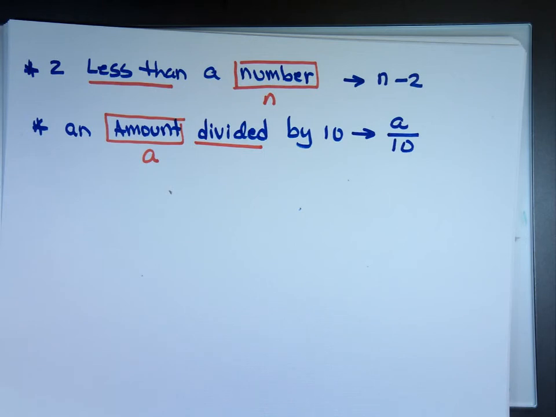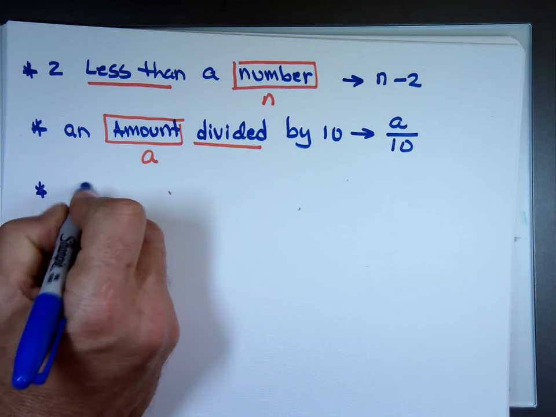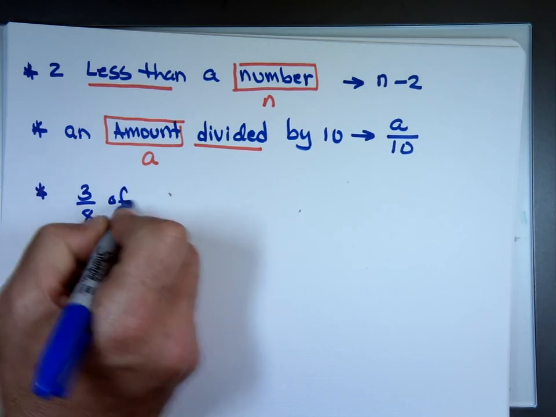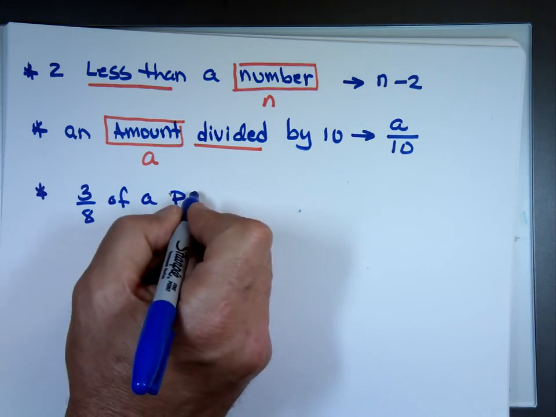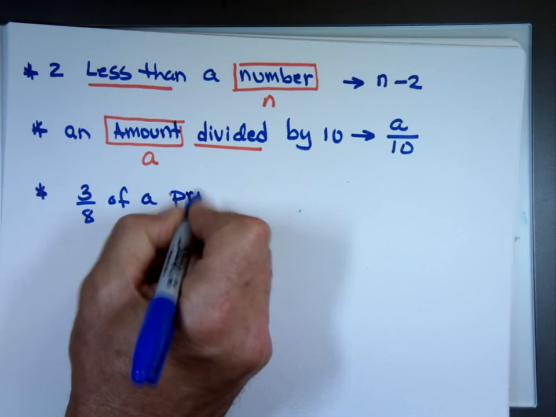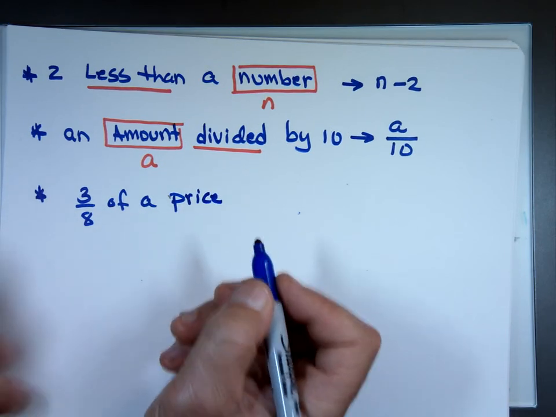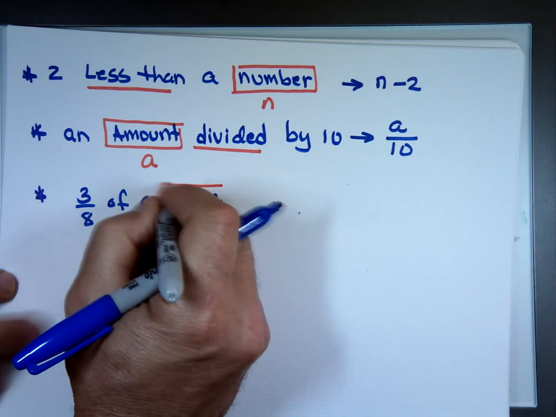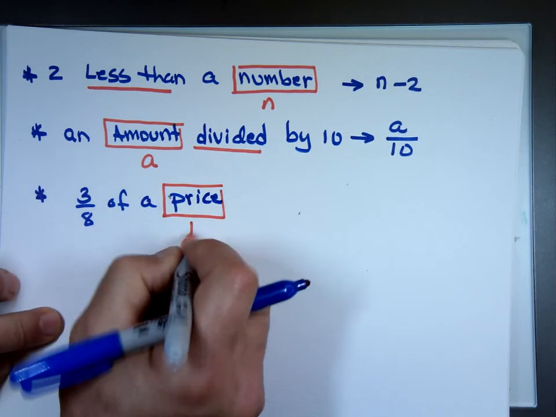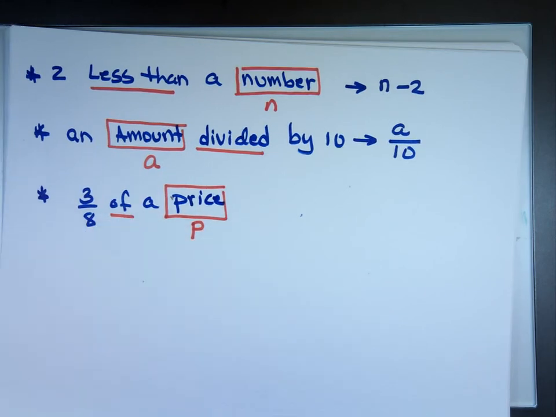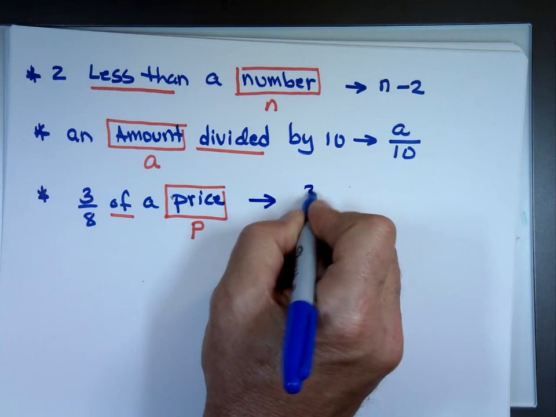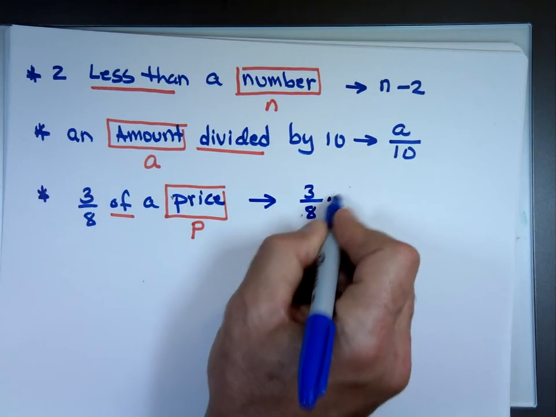I don't have to use A, I could use X. Three-eighths of a price. Again, price is unknown. Begins with what letter? P. Of means what? Multiply. 3/8 times P, which is 3/8 P.